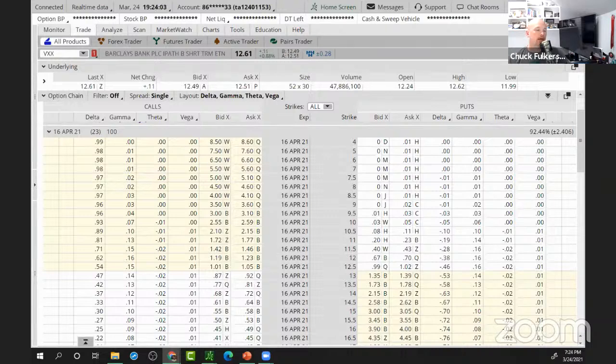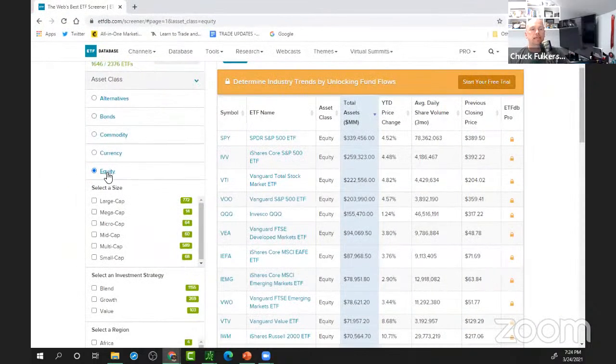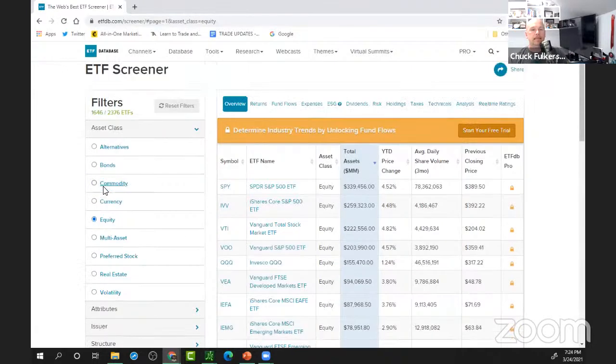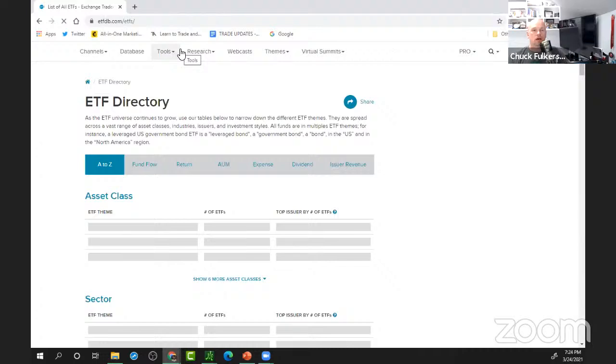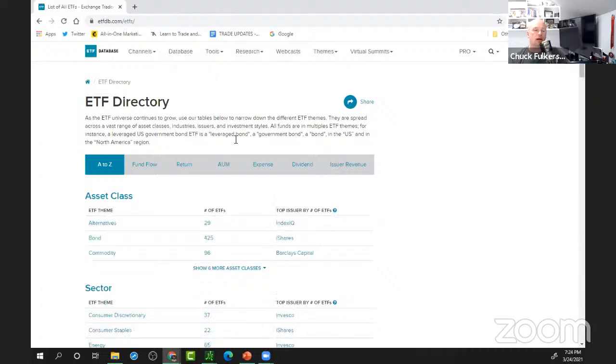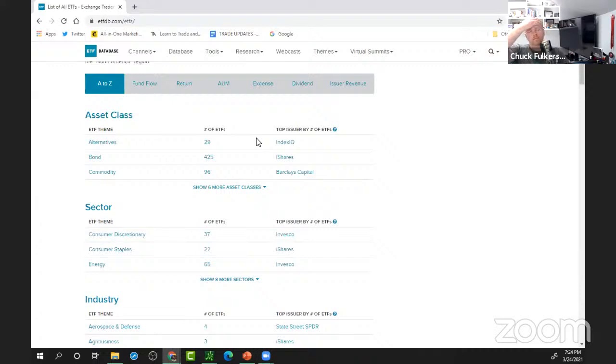And so when we think about inverse ETFs, I typically go to the ETF database. I think etfdb.com does a phenomenal job of just listing different ETFs. Now, I don't have their premium membership or any of that. I really just use it for the ideas of ETFs.